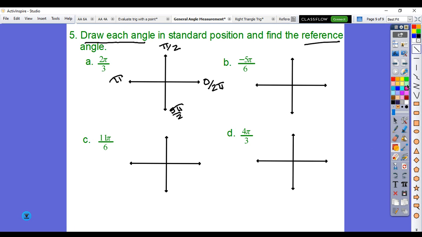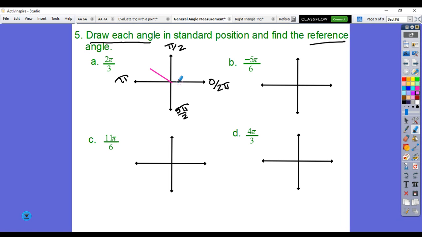Okay. So I'm starting at 0, 2 pi over 3. More than a half, but less than 1. Right here is my angle from here to here. Okay. So I want the terminal side and the x-axis that creates an acute angle.